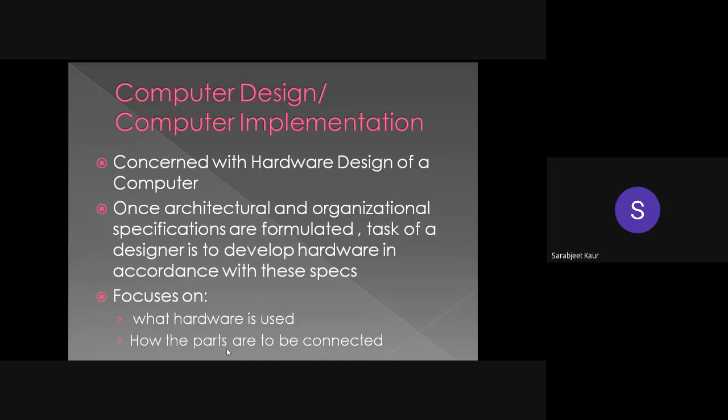But there may be systems which require multiple ALUs, a single control unit but multiple ALUs. So this thing is decided in the architecture, and then after that, what all components will be there and how they will be arranged inside the ALU is decided in the organization.